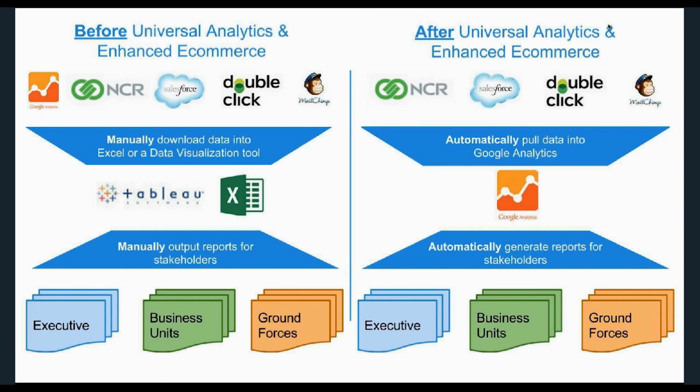Now, let's move to the picture on the right. Here we see what Google Analytics looks like today. Google Analytics is taking a spot right in the middle, where we pull the data from different point of sale systems, from marketing channels, from email platforms into Google Analytics. And as I was showing in the previous example, we tie that data together to create the most compelling picture of what analytics looks like and what to do with that information.